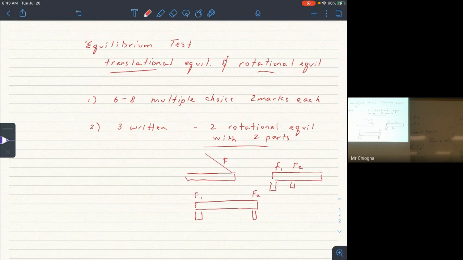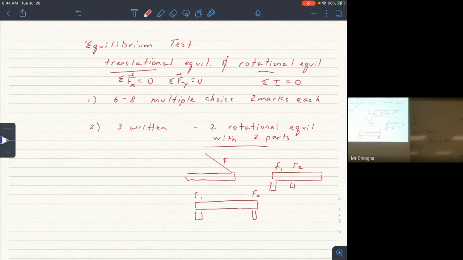Start off by using the condition for rotational equilibrium. Part two would be using the condition for translational equilibrium. Let's go back here. What does that mean? This is the condition for translational, X and Y. This is the condition for rotational.